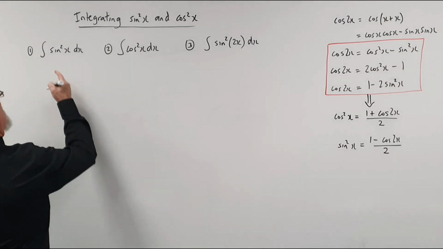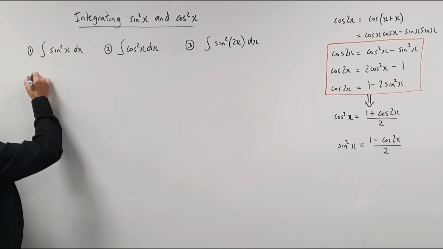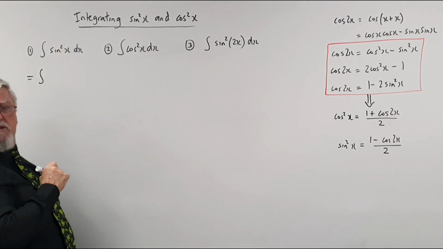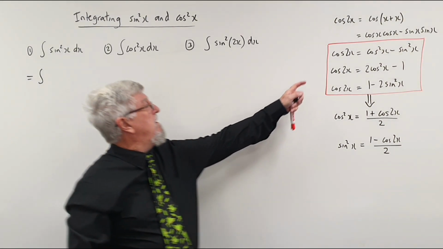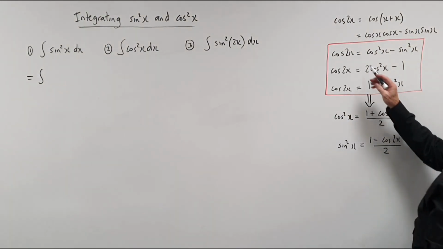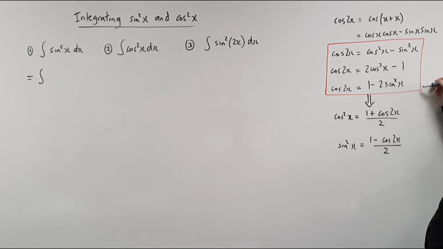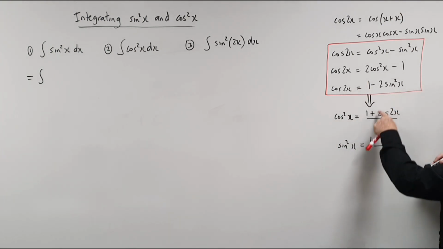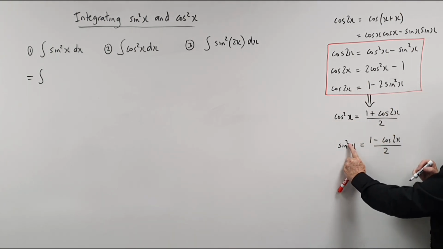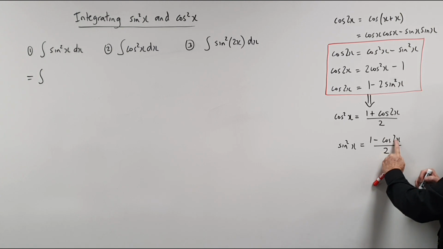So we've got a problem. We need to turn the sine squared x into not a squared. Come back over here. Because of the 2x's, you should know all of those already. That's not what this video is about. If I rearrange that and made sine squared the subject, we're turning a sine that's squared into a cos that's not squared.